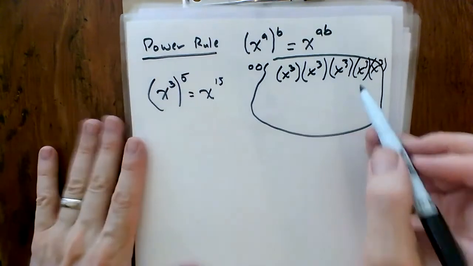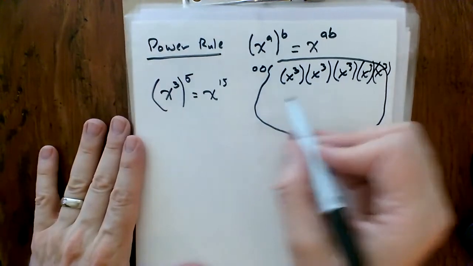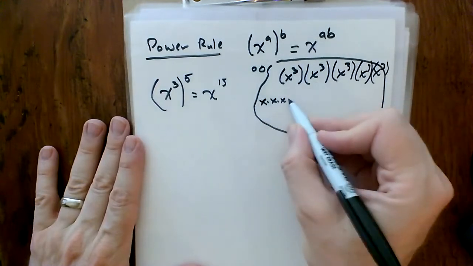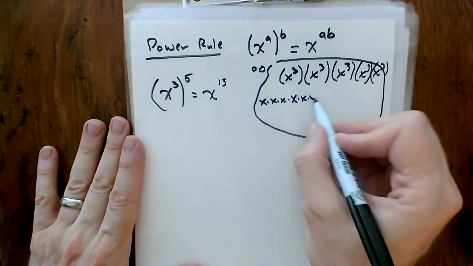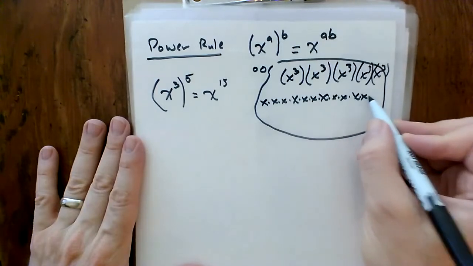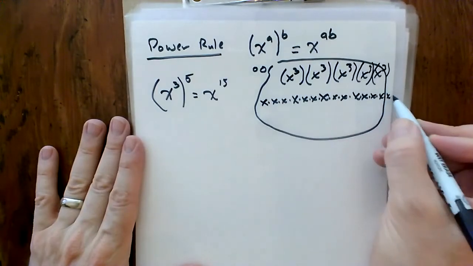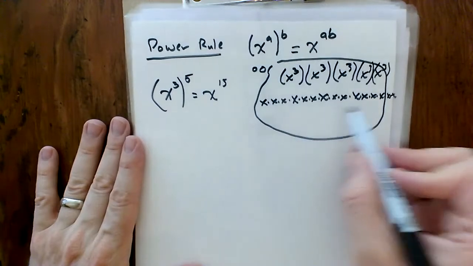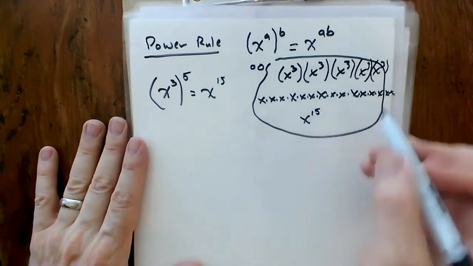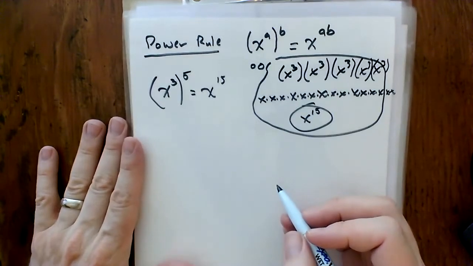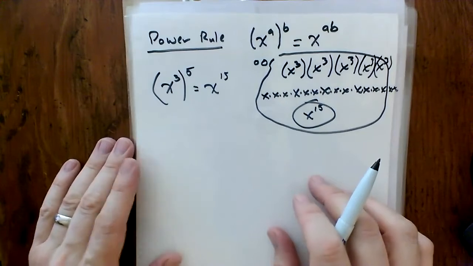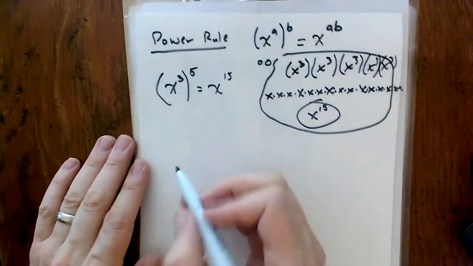If that's not good enough for you, we could, in fact, expand this all the way out and say, okay, this is going to be x times x times x, and so on. And I've got 3, 6, 9, 12, 15. Oh my gosh, we've got it. x to the 15th. So here we go. That's our power rule.